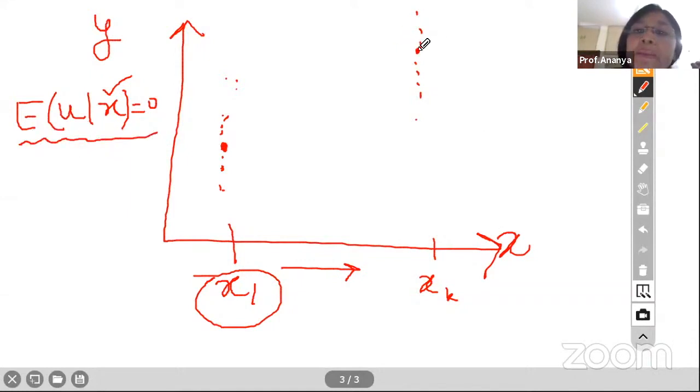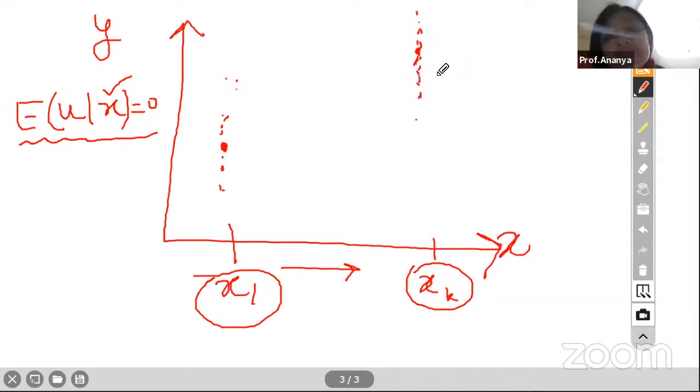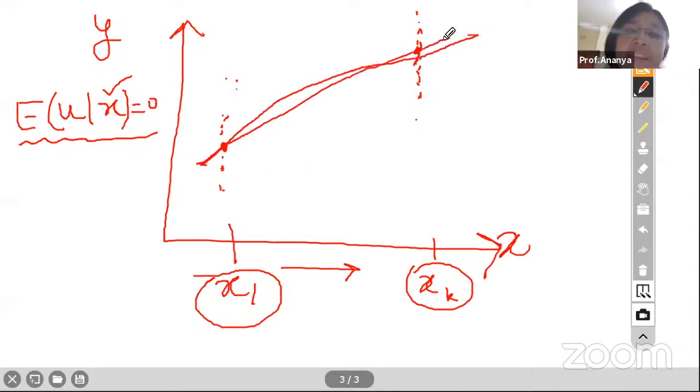So even when I fix X over here, I get a whole bunch of values of Y. There are about as many positive values around the average as there are negative values. So here, let's say, is the line. Sorry, this should be a straight line. What is this line?